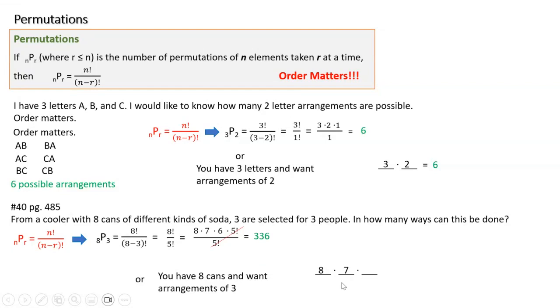So 7 will be left, and after that, 6 will be left. So the answer will be 8 times 7 times 6, and that's the same result that we get with the permutation formula. That's why you can do it in 2 different ways. I tell my students to do what's best for them, because at times, in my opinion, it's easier to do it the second way. But it's good to know how to do it both ways.